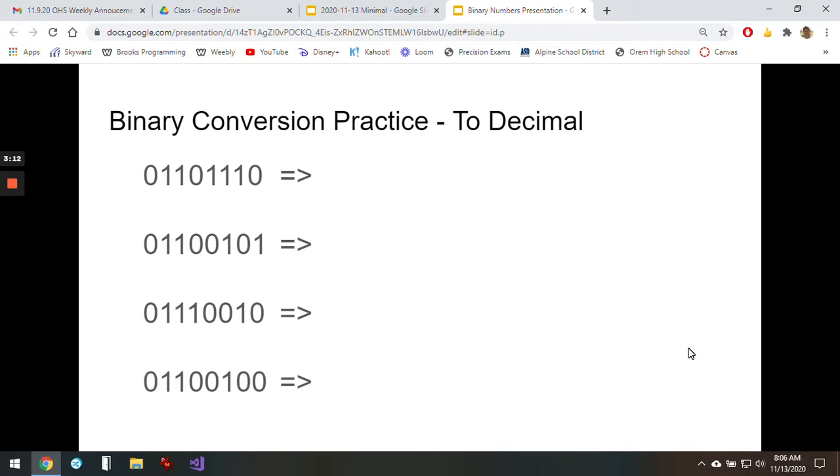So you're always going to want to write at least these decimal numbers, 128 down. How many you need depends on how big the number is that you're converting.